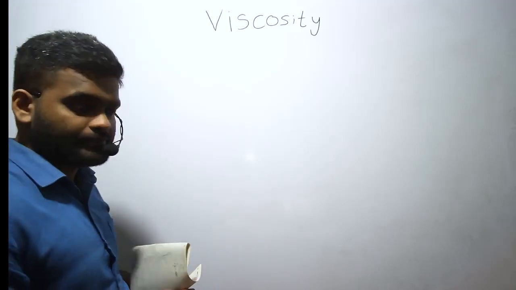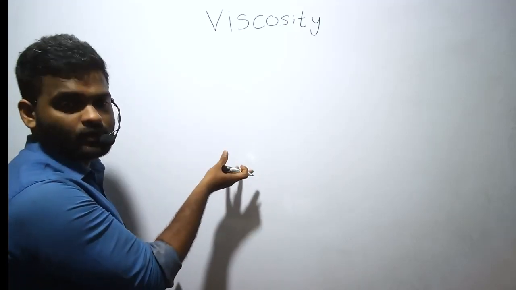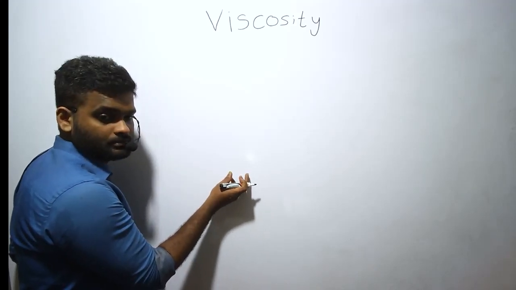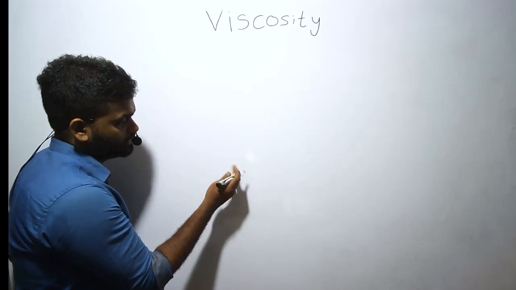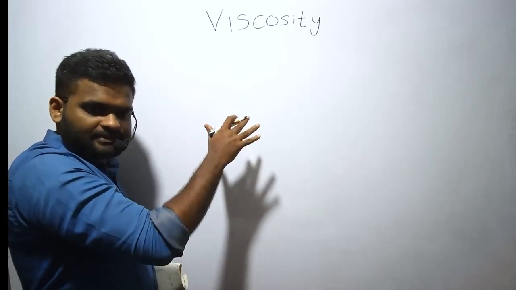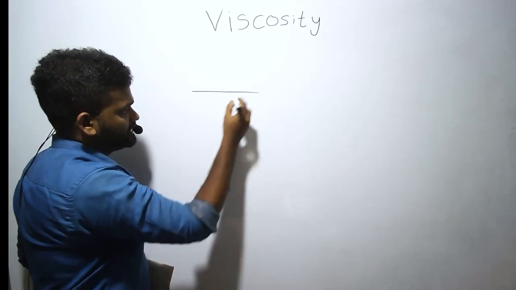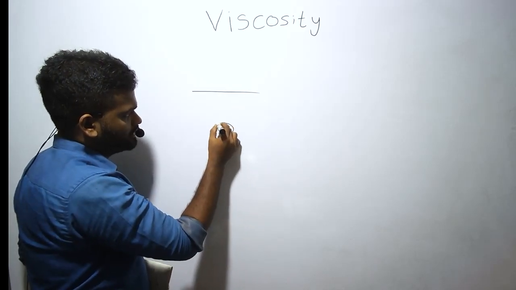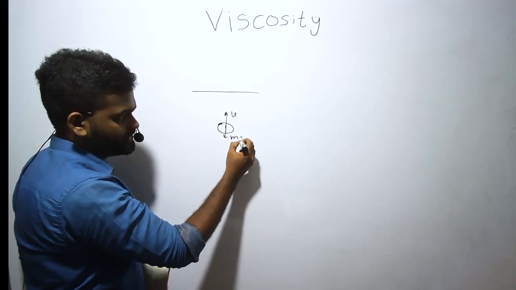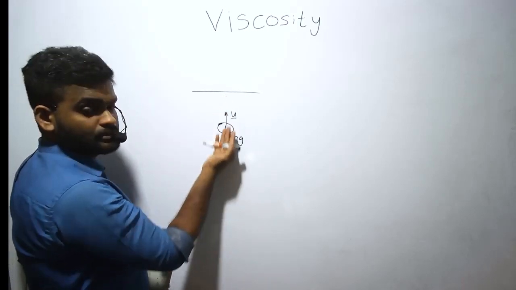Then what happens if you have an object, let's say a plastic object in water? What happens when you release the object from the bottom? It goes up. So when it goes up, the same thing happens. Let's say this is water. The upthrust is upwards, mg is downwards. Now the upthrust is higher, so this tends to move upwards.